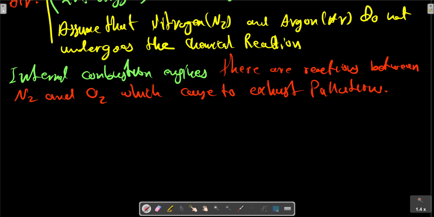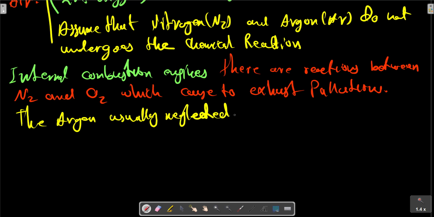In combustion calculations concerning air, the argon is usually neglected and the air is considered to be composed of 21% O2 plus 79% N2.